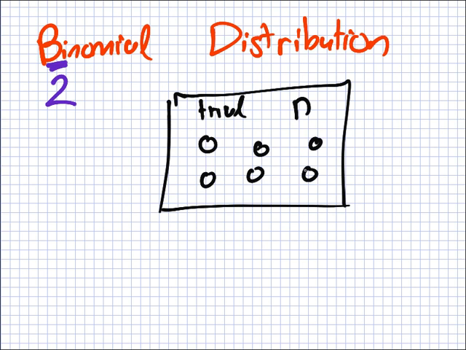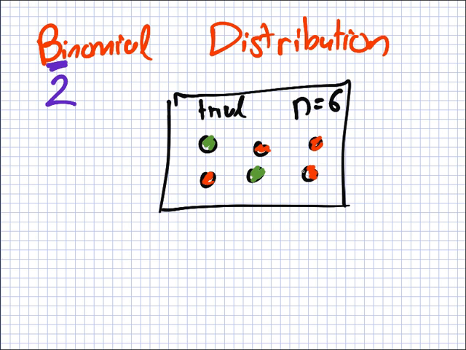So for example, maybe in this picture it's 6 trials. You flip 6 coins, and you would like to know what's the probability that maybe 2 of them land up heads and maybe 4 of them end up as tails. But you don't care which 2. You just care that there were 2, but not which 2.